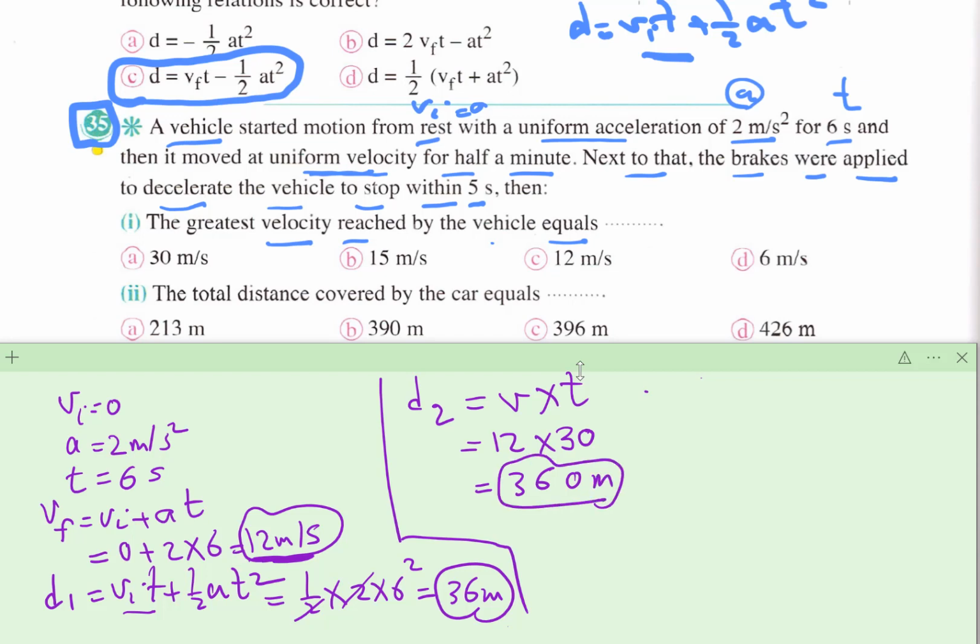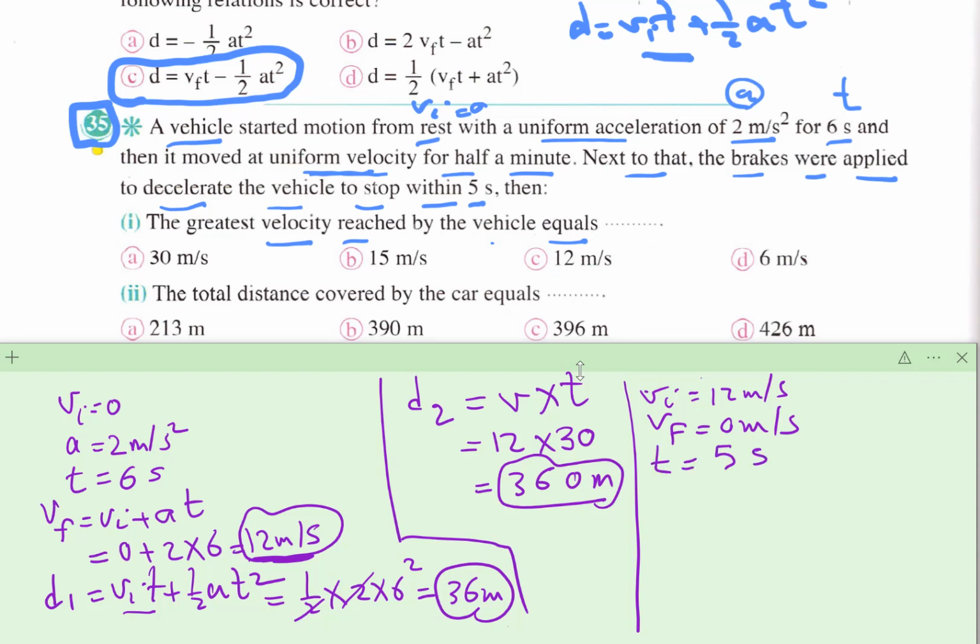What comes next? Next to that, the brakes were applied to decelerate the vehicle to stop. So now we have V initial is 12 meters per second, the same velocity, and V final equals 0 meters per second, to stop in 5 seconds, t equals 5 seconds.